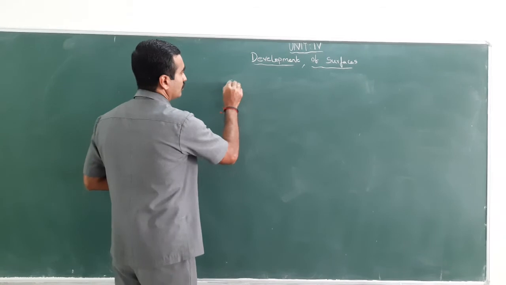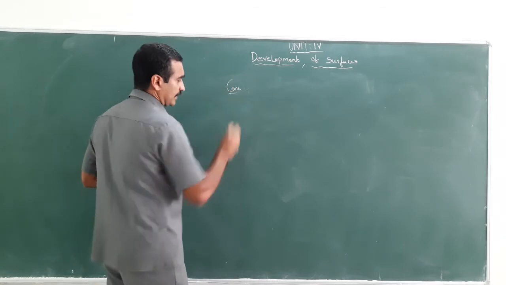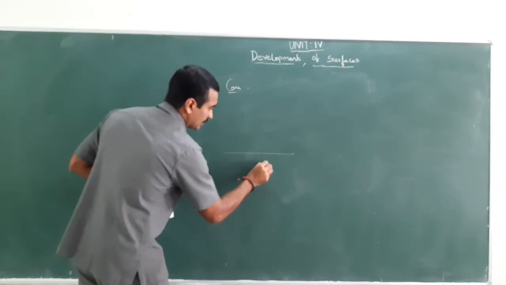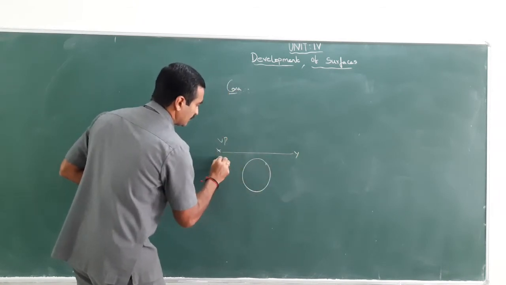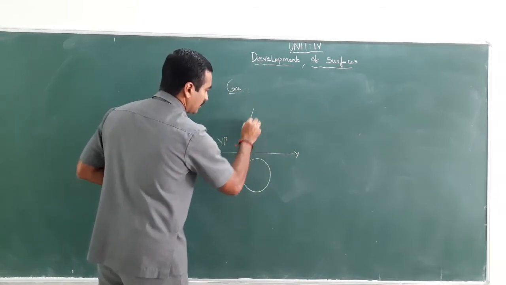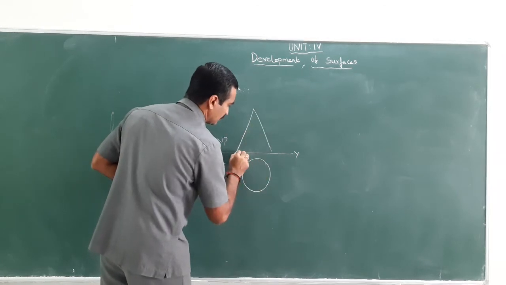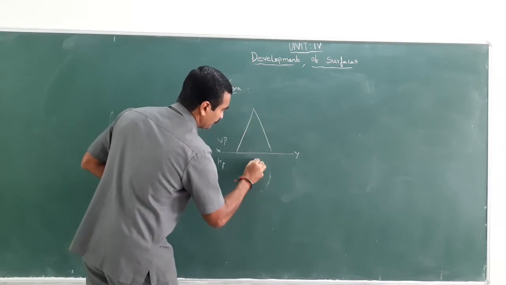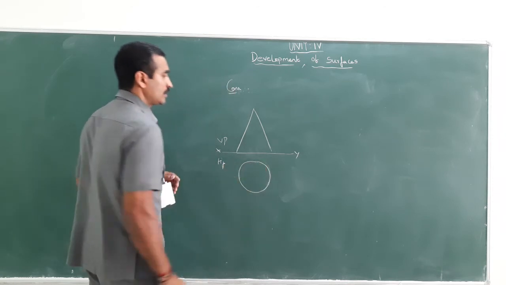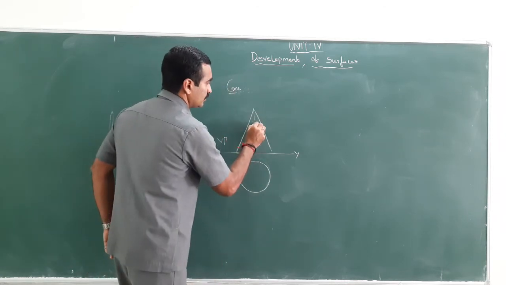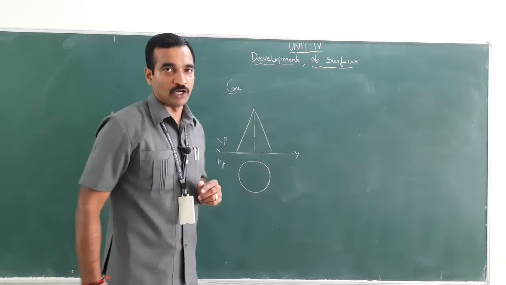For a cone, for example, this is the top view, this is XY. This would be the front view, and this would be the top view.